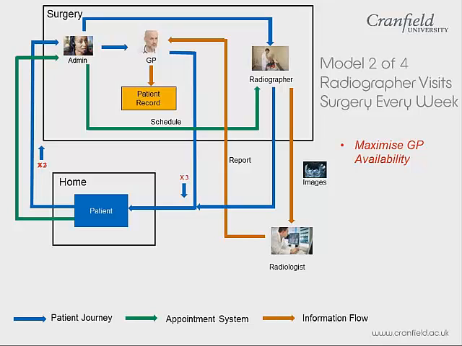Once that's conducted, you can see the images are fed to the radiologist, and this radiologist could be located anywhere, and they report back to the GP, and the patient has to receive that report from the GP.